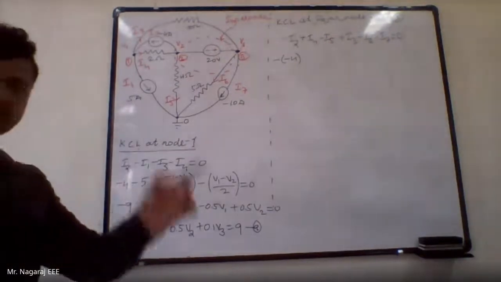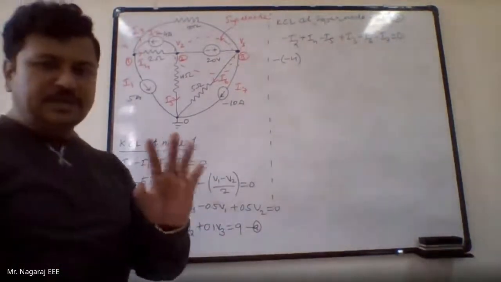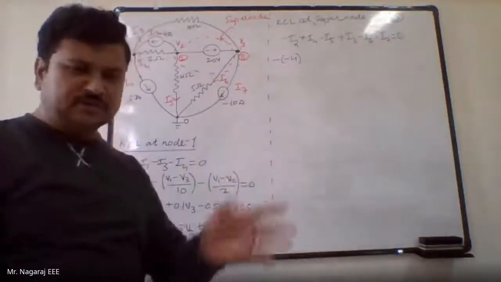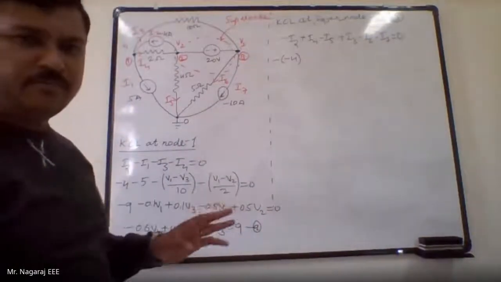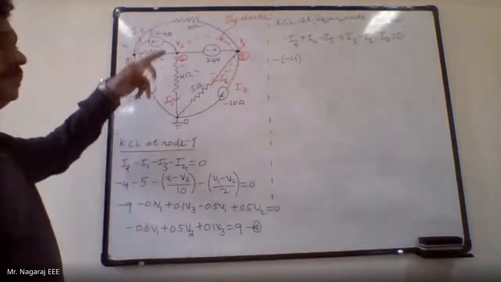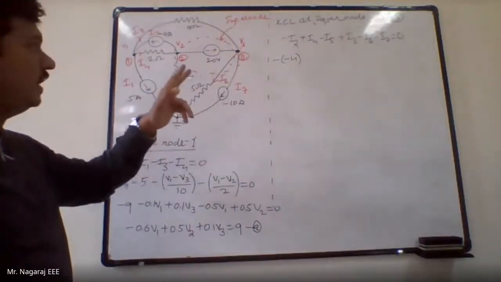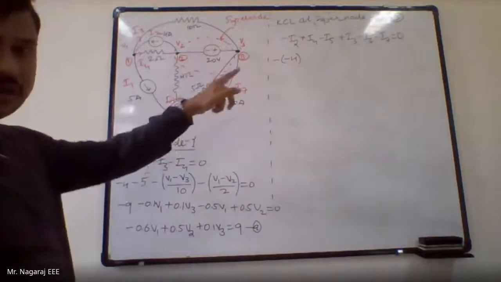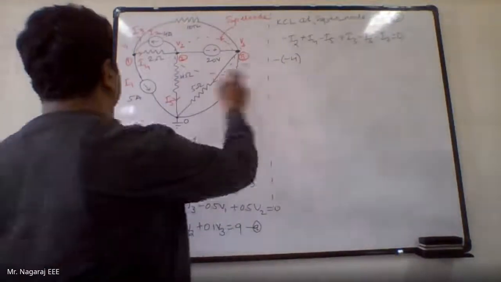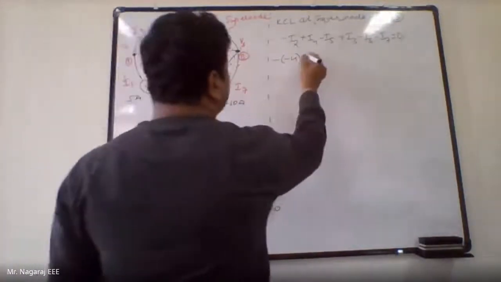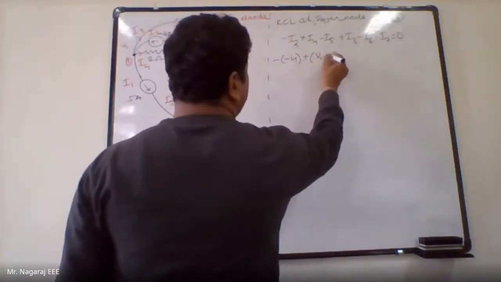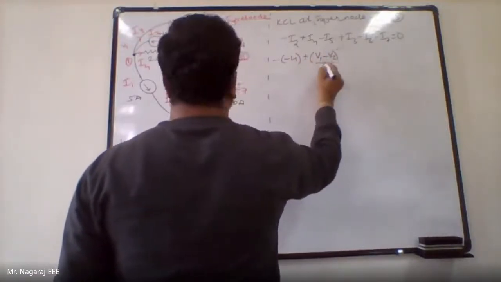Value of I2 is minus 4. I haven't changed the direction of the source. Don't do that. Whatever value is given, you take it. So the value of I2 is minus 4, the term in that equation is minus I2, so it will be minus of minus 4. Plus I4. I4 is from V1 to V2. So plus (V1 minus V2) divided by 2.